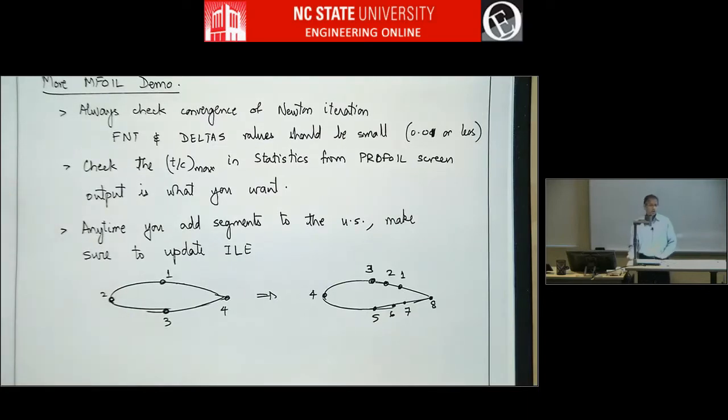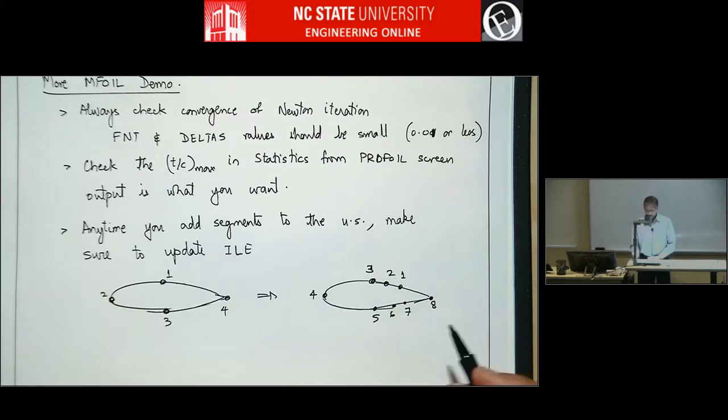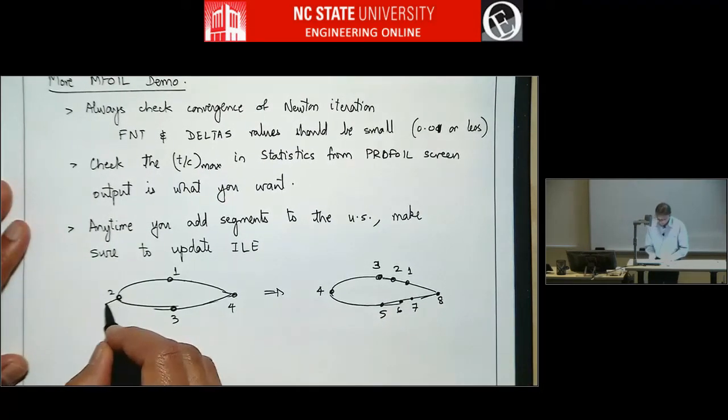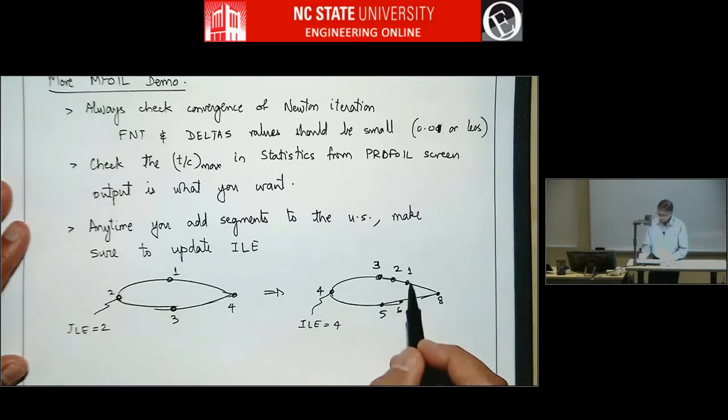Right? For a symmetric airfoil, you give only half the input. You give the upper surface, and the lower surface is automatically calculated. But ILE here is 2. Here ILE is 4. If you insert these segments and keep ILE as 2, the profile will get really confused.